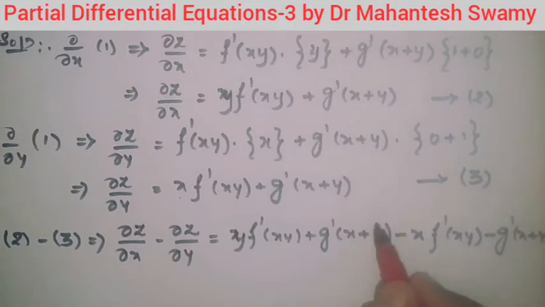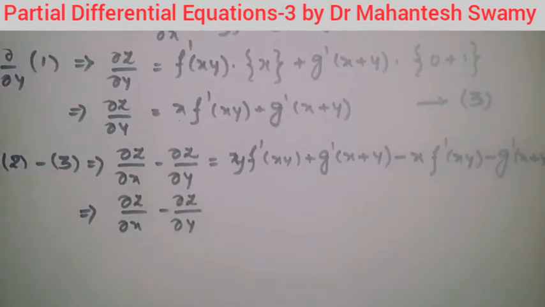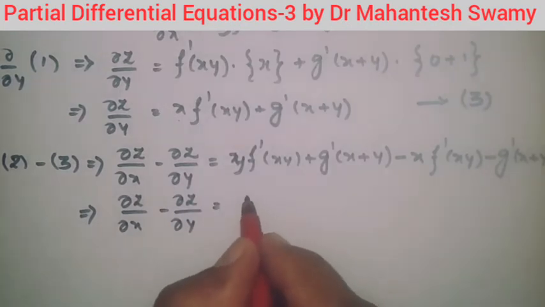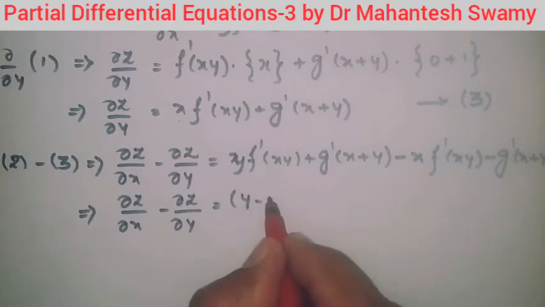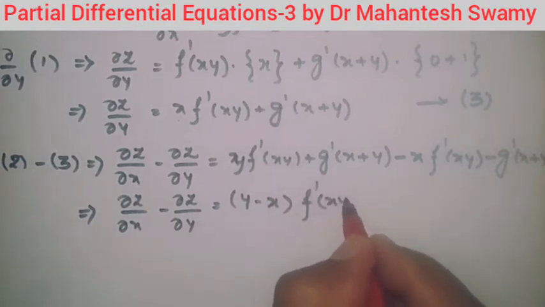So it is very straightforward, g dash cancelled with g dash and f dash is common factor. So therefore dou z by dou x minus dou z by dou y equals to, after taking f dash common, we will be having y here, we will be having minus x here, and f dash is common with its argument xy.